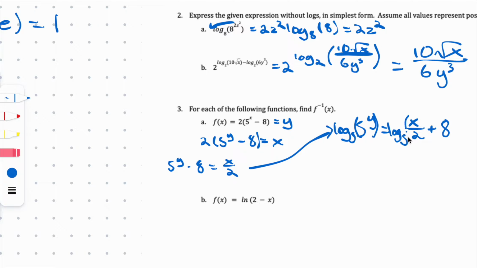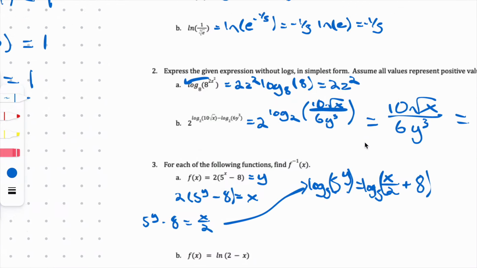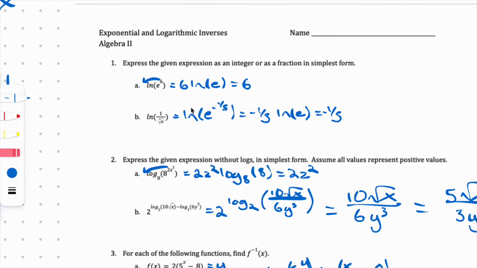Now let's think about why we'd take log base 5 of that. Well, it's for the exact same reason as up here when we had ln of e, right? ln of e just cancels out to be 1. And we can just move that exponent out to the front, and we get ln of e to the 6 is just equal to 6.